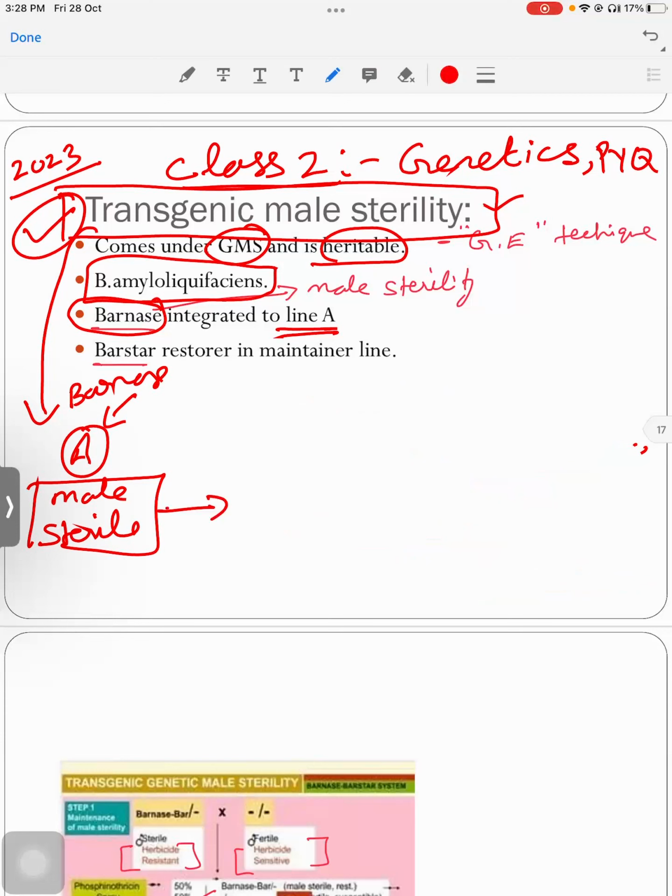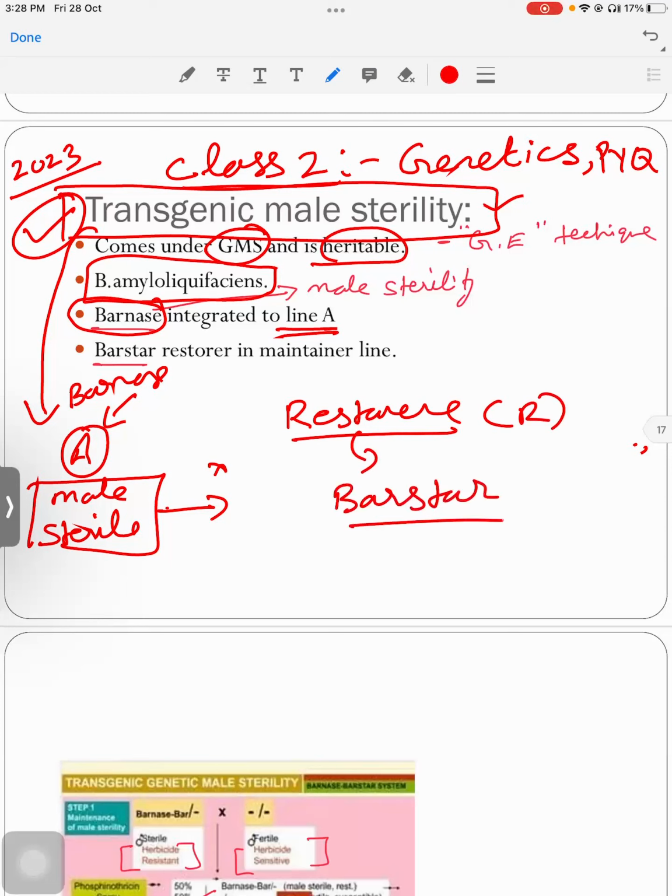And for the B line, or better we call it the restorer line, that is the R line, in the restorer line, we are introducing the barstar gene into this system.